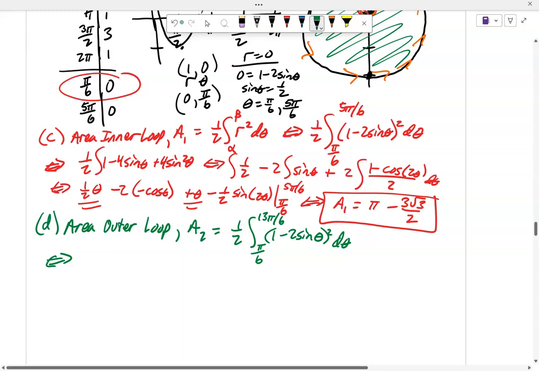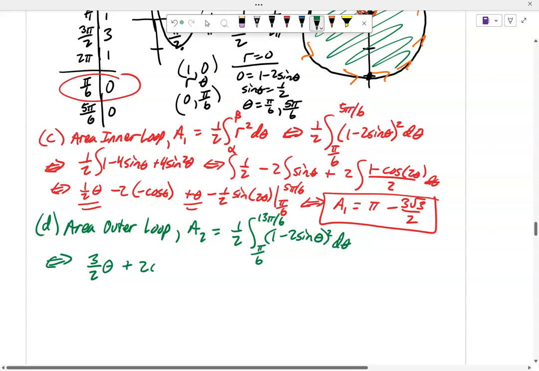This is the same integral, so we end up with this, and this area 2 would be 3pi.